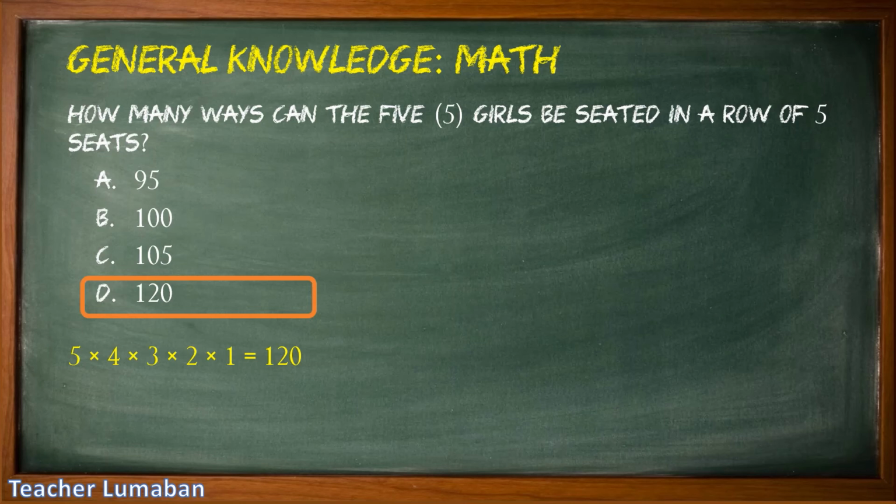Then, just 2 girls for the fourth seat. Then, there is just 1 girl for the fifth and final seat. Therefore the number of ways to seat 5 girls in 5 seats is 5 multiplied by 4 multiplied by 3 multiplied by 2 multiplied by 1 equals 120.